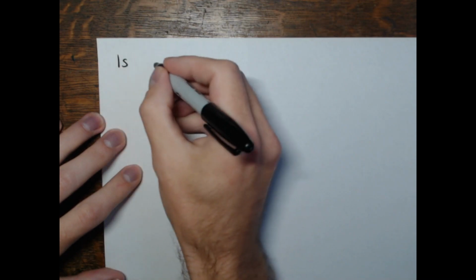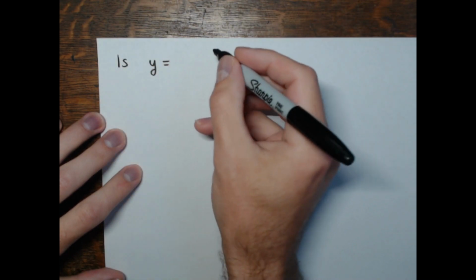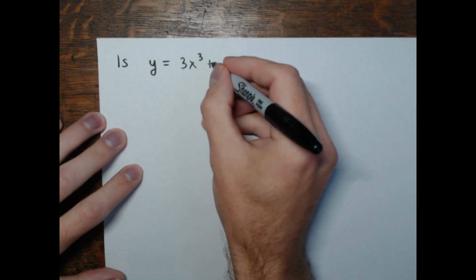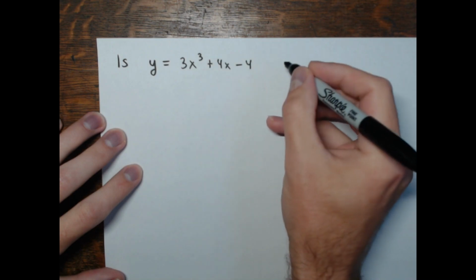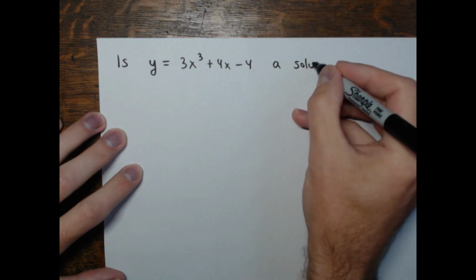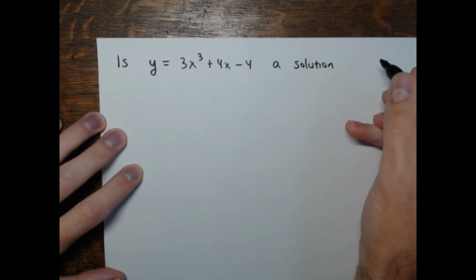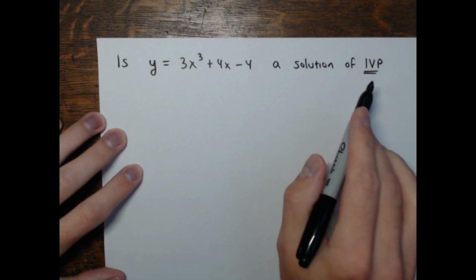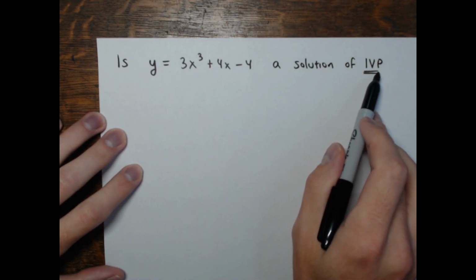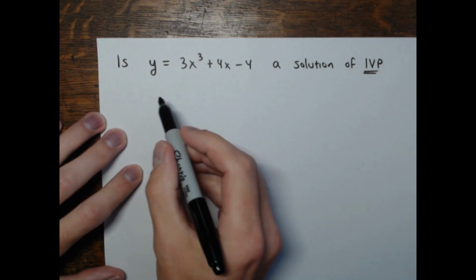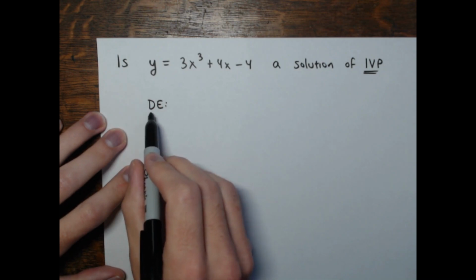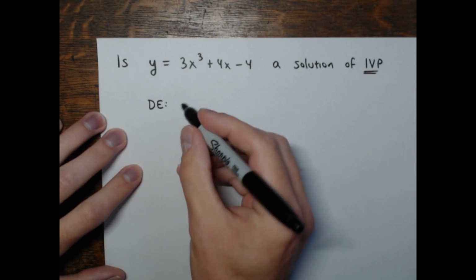So again, this question is, is the following function, y equals 3x cubed plus 4x minus 4, a solution of the initial value problem. Now you'll see a lot of times they'll abbreviate initial value problem as IVP. So you have a differential equation, DE, again, usually DE will represent differential equation.